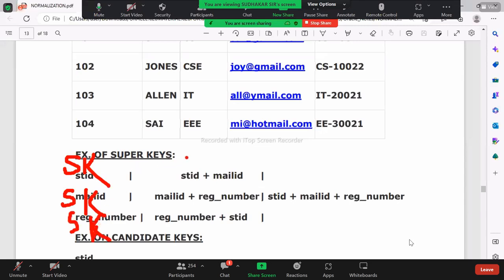And the combination of super key plus super key is also called a super key. Understand? So any two, or more than two, super key columns will become a super key. This is the super key definition.